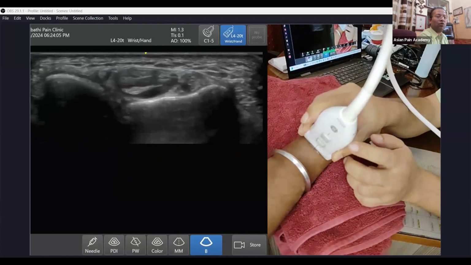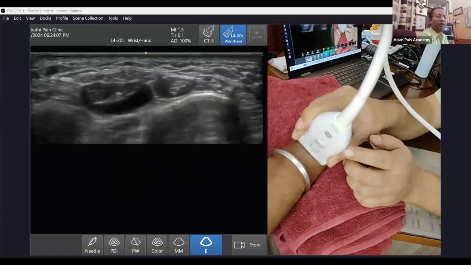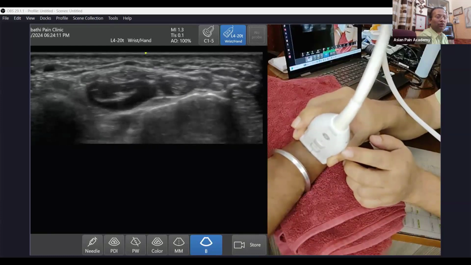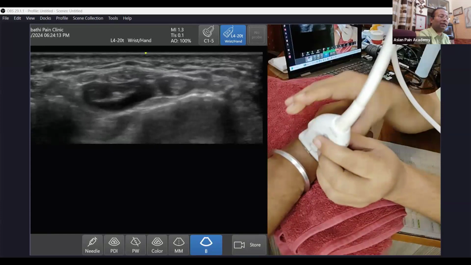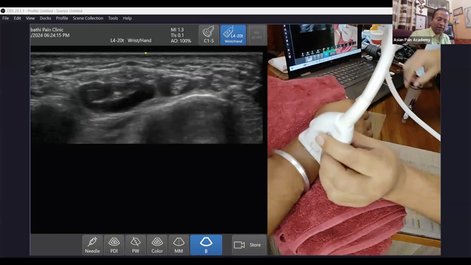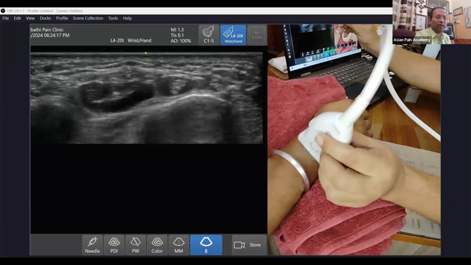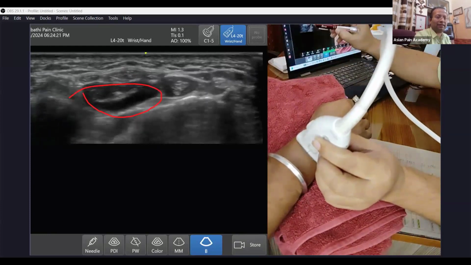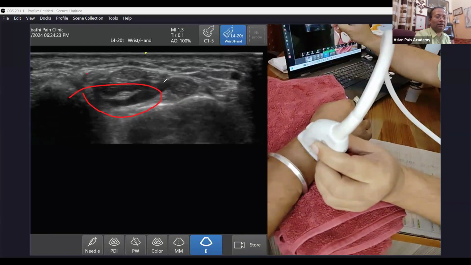If I go a bit proximally, extensor digitorum remains a tendon there also, but the extensor indicis becomes a muscle. So this part is extensor indicis, and these parts are extensor digitorum.